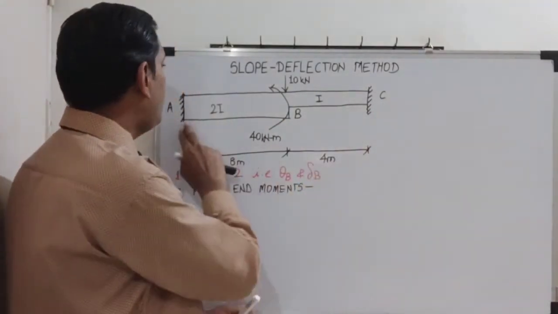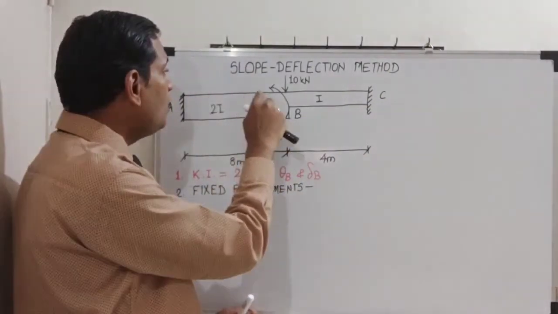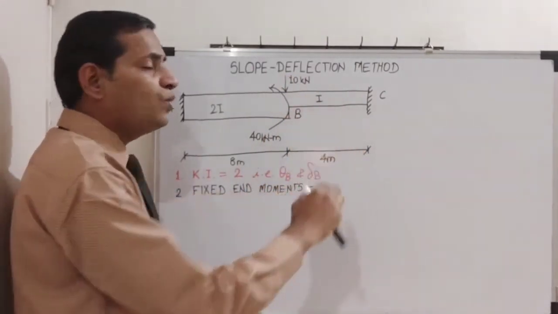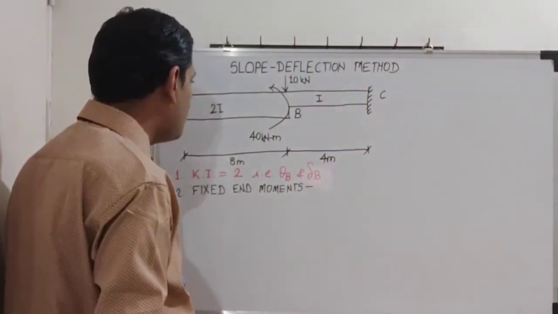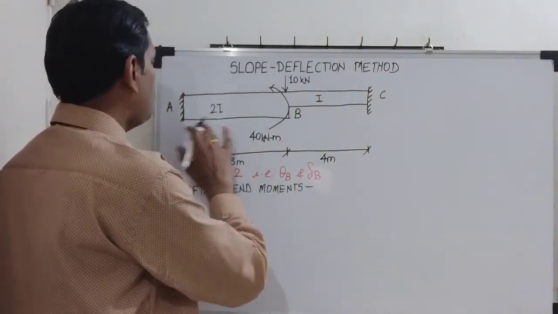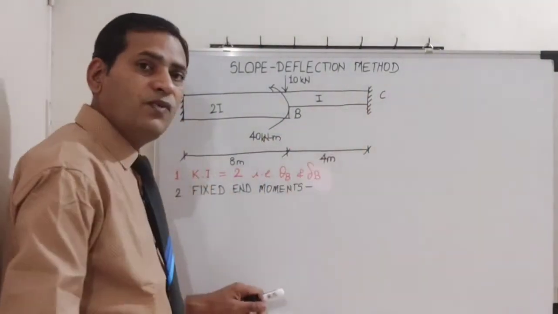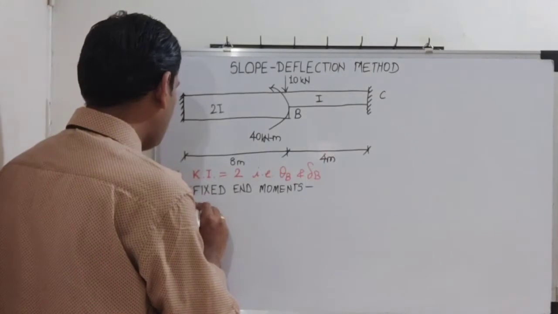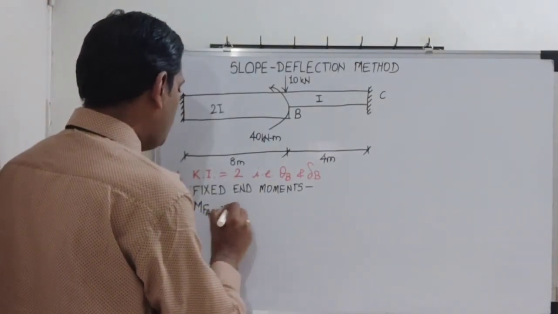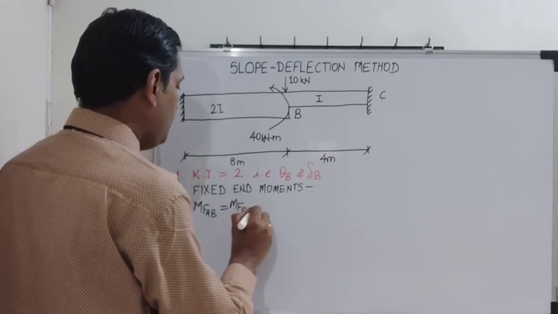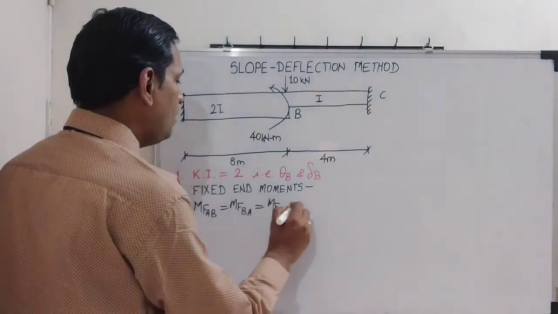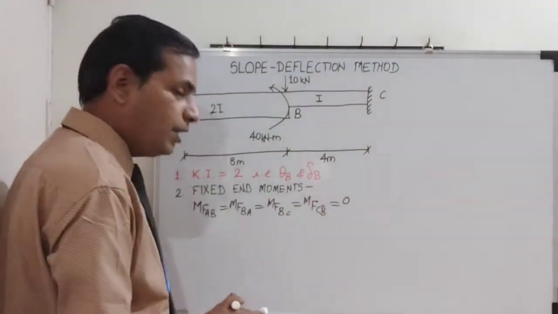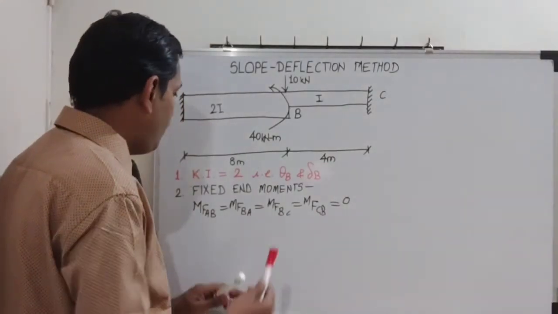If you see, A to B has no intermediate loading, only joint B is subjected to these two loads. B to C, again there is no intermediate loading. So for these imaginary spans AB as well as BC, the fixed end moments are 0 because there is no external loading. So MF AB is equal to MF BA, is equal to MF BC, and finally MF CB is equal to 0. Everything is 0.